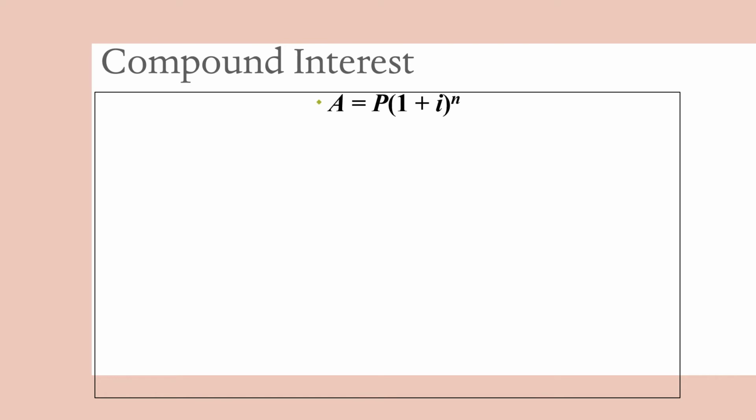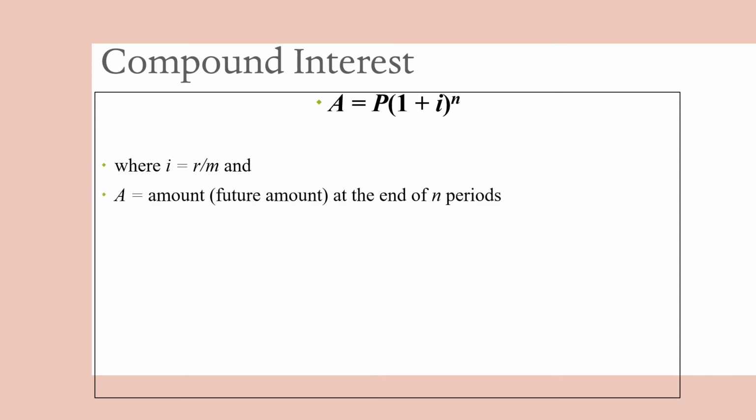The compound interest formula can be written as A equals P times (1 plus i) whole raised to n. Instead of doing it every month and adding them up, you can rewrite this as a general formula, where i is nothing but the rate divided by the compounding period m.